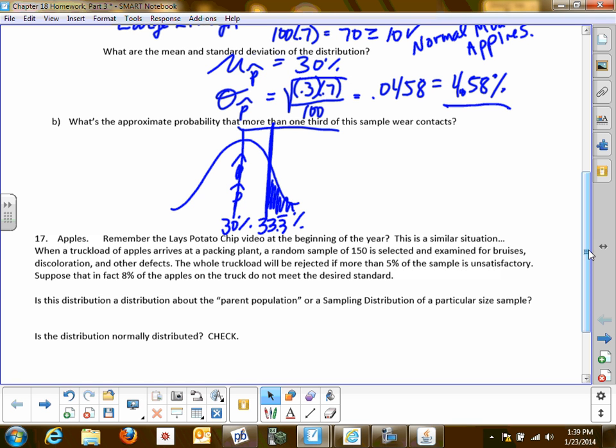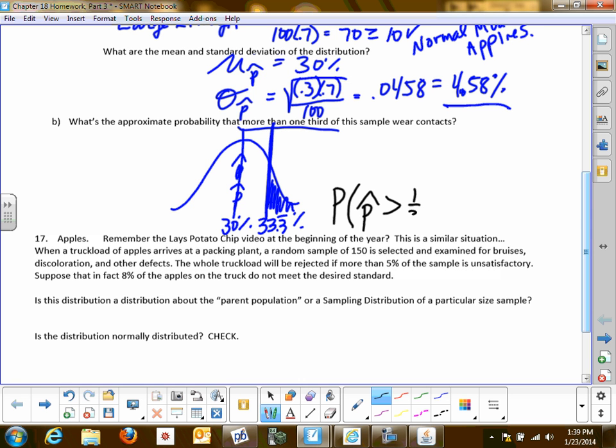So you're going to find your z-score and do your normalcdf, and you're going to write it this way: the probability that I get a proportion in my sample of 100 that is more than 1/3 is whatever your answer is.